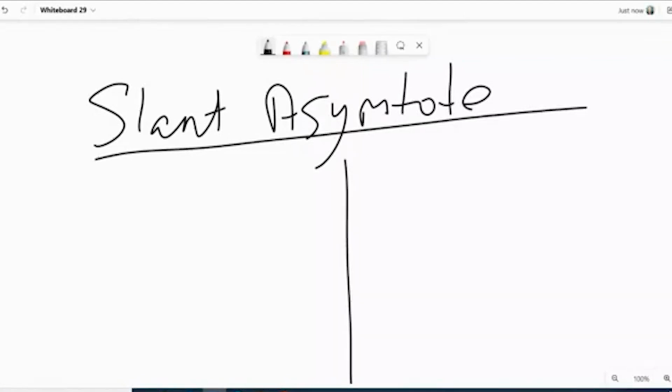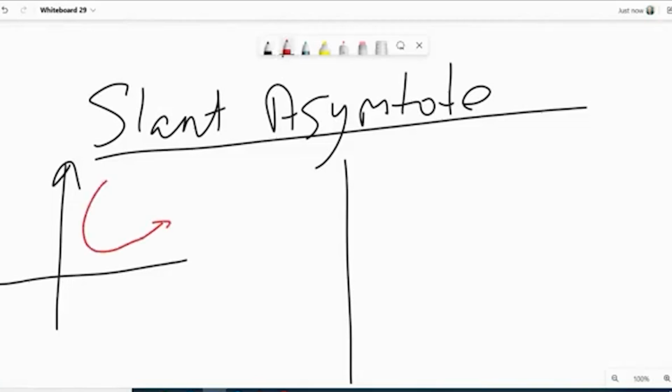Suppose I have a graph here, and the slant asymptote can be a broken line drawn like this.